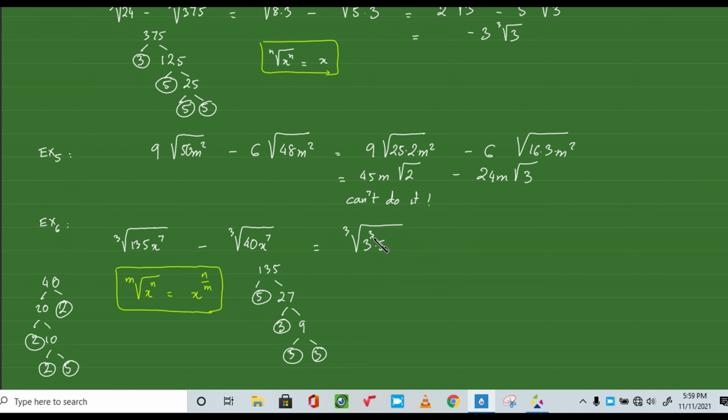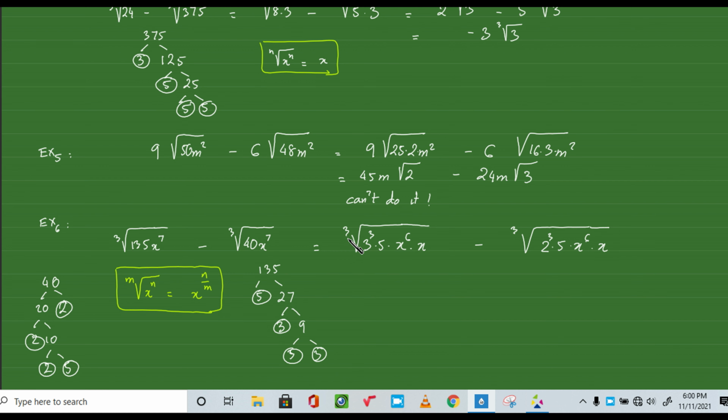Now x to the 7, I can split it into something so that 3 goes into it. So I can split it as x to the 6 times x, because 3 goes into 6, and x to the 6 times x is x to the 7. And over here, I can write it as 2 to the third power times 5 again, and x to the 7 will be x to the 6 times x.